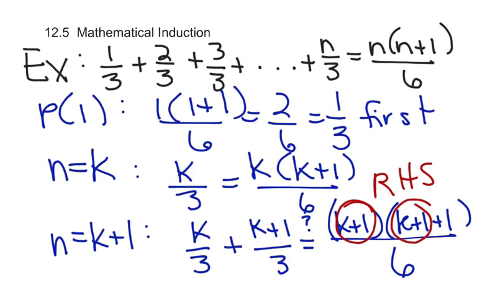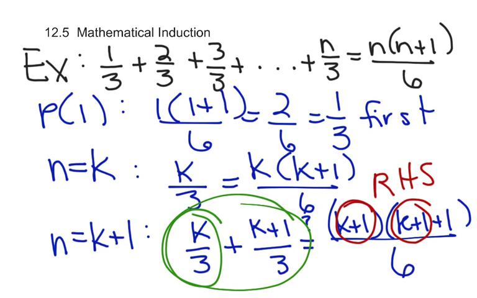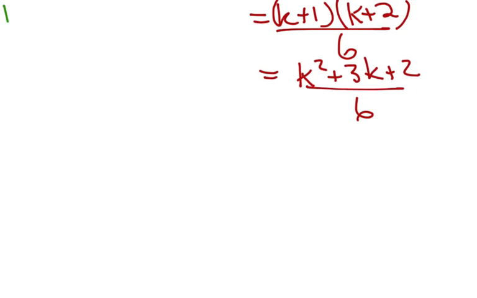So now I'm going to go back, and now I'm going to deal with this. First, you take the first term and you replace it with this, because we found out that the sum for k is equal to k times k plus 1 over 6. So k times k plus 1 over 6.